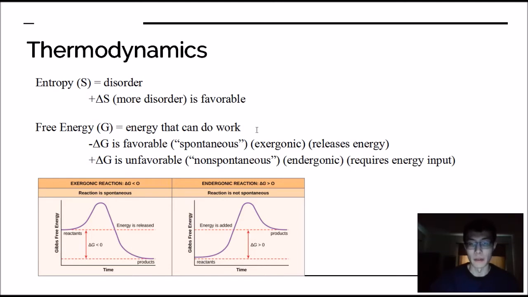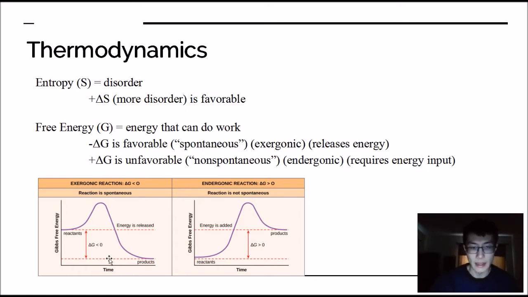But it's favorable, and it's going to be an exergonic reaction, which means it releases energy. On the opposite hand, we have a positive delta G, which is a reaction that's unfavorable or sometimes non-spontaneous, and it's often called endergonic, meaning there's an increase in the energy input needed to make that reaction occur.